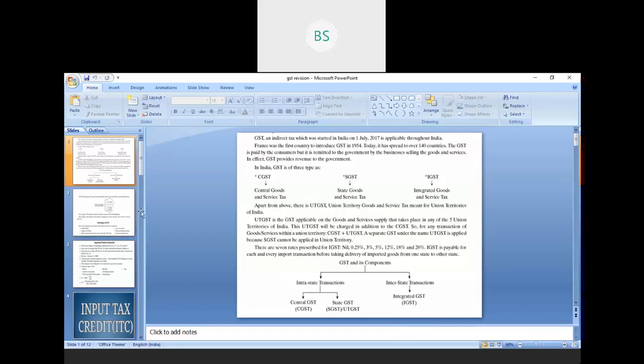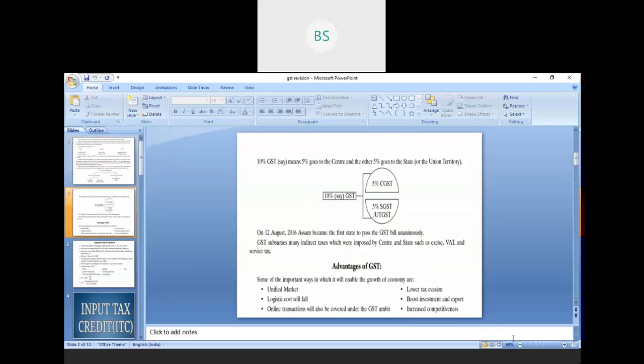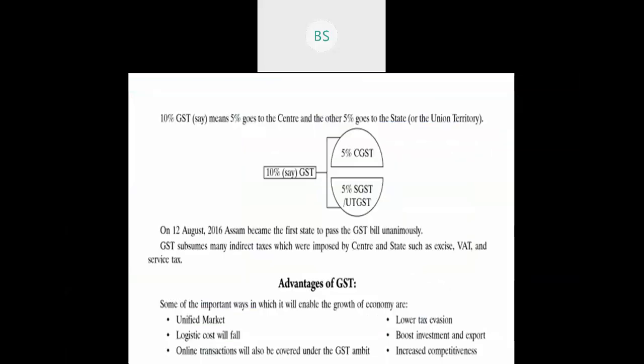Okay. So the next one is 10% GST. This is just an example. Say that the government has informed you have to pay 10% GST. That means 5% goes to the central and the other 5% goes to the state or union territory when the transaction is happening within the state.